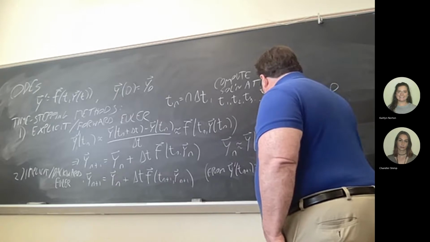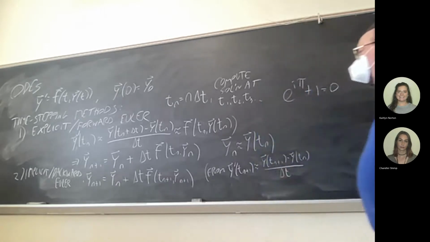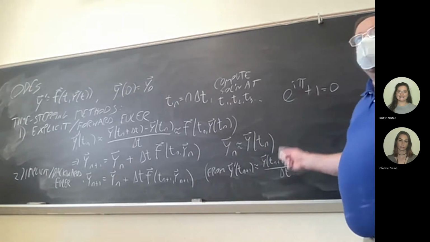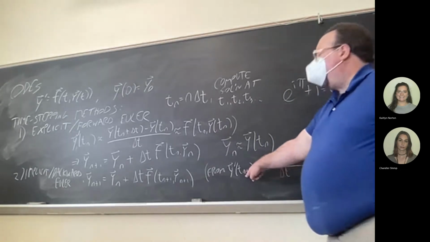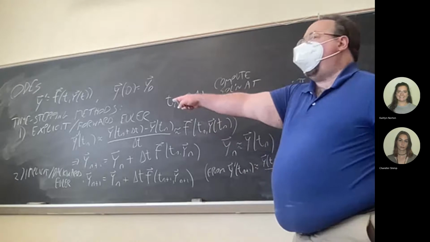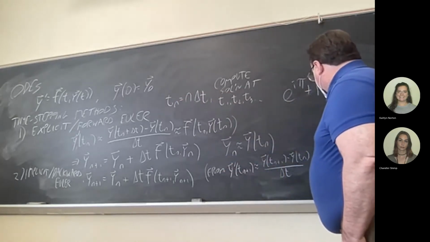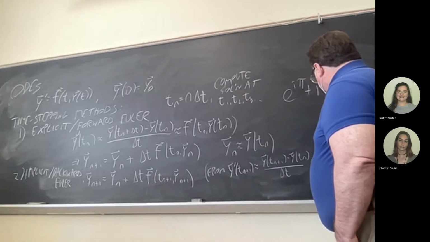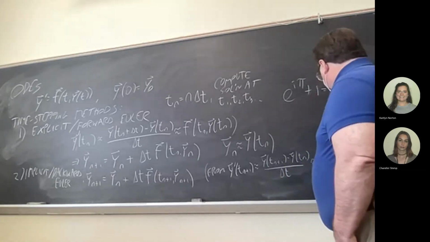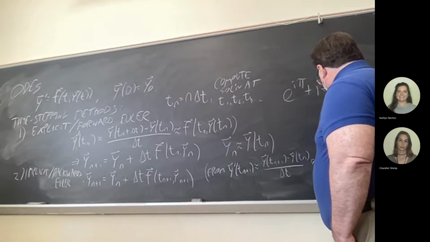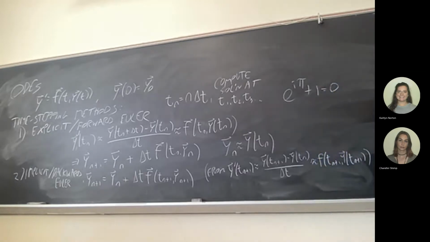The difference quotient here is exactly the same as before, but here it plays the role of a backward difference rather than a forward difference, because we're evaluating a derivative at time tn plus 1 now, where before it was at time tn, and that must equal f at time tn plus 1 rather than time tn.